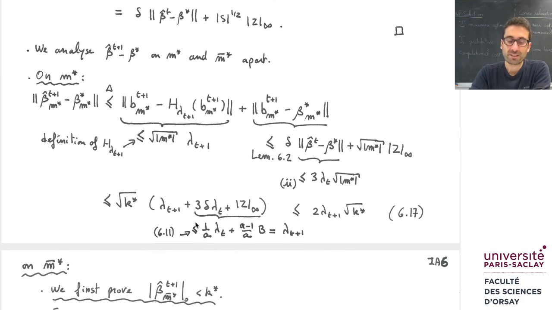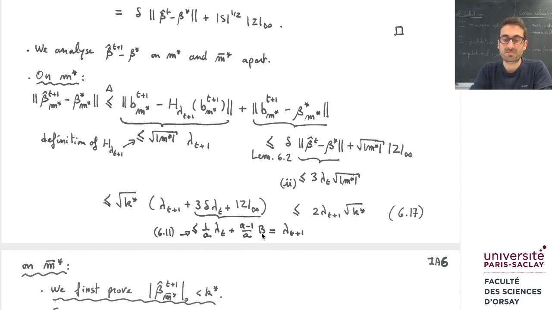So here I use the fact that a is smaller than 1 over 3 delta, so this is smaller than 1 over a lambda t. And here I use that the sup norm of z is smaller than a minus 1 over a times B.